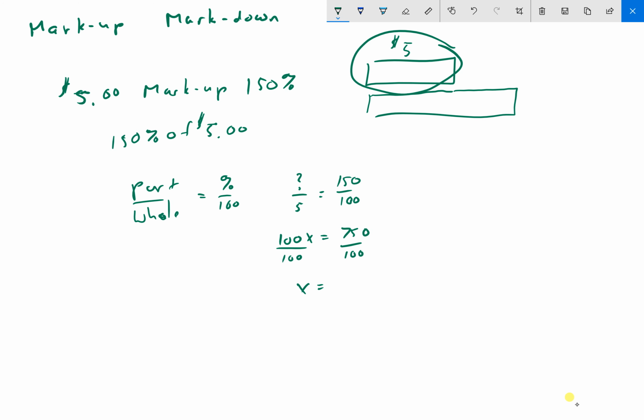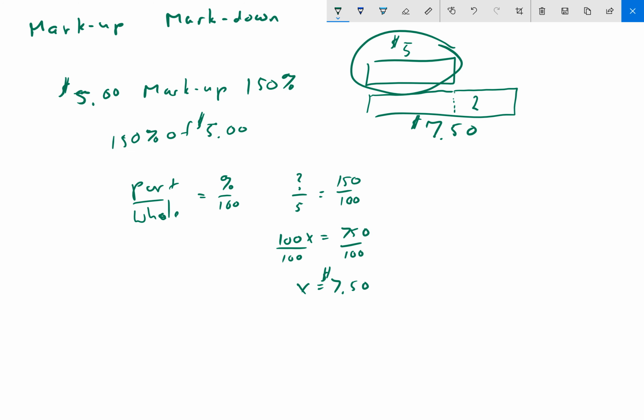I'm going to get x equals 7.5, but we're talking about money, so I'm going to get $7.50. So it is now $7.50. The question is, how much money am I now going to make on the shirt?